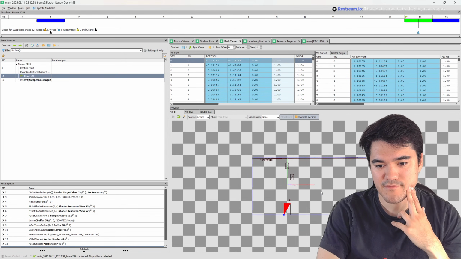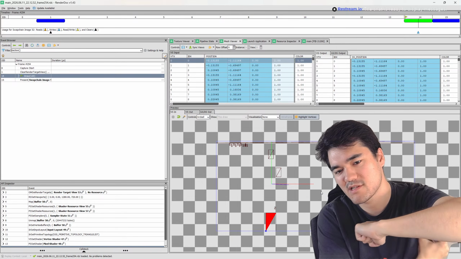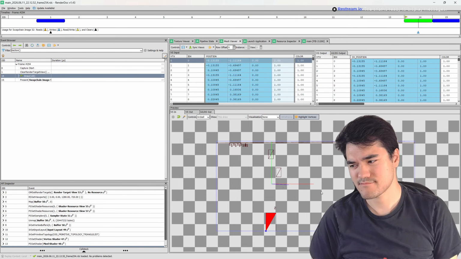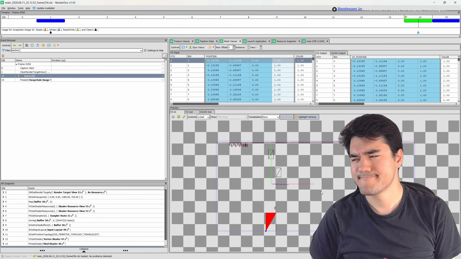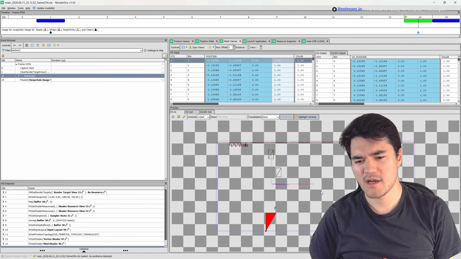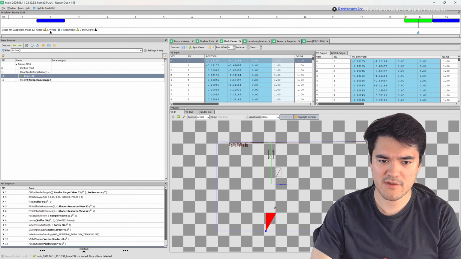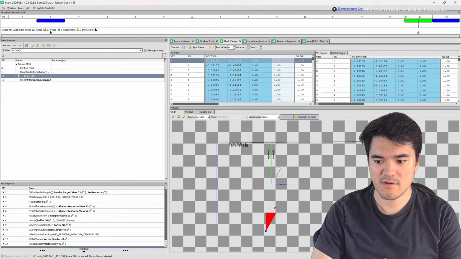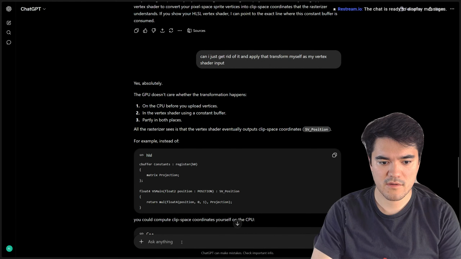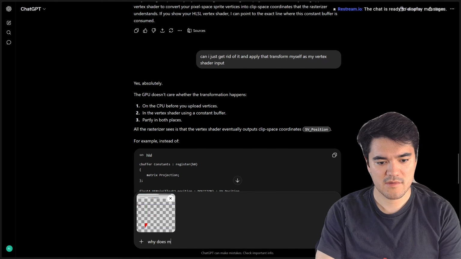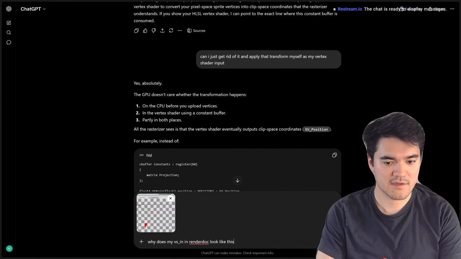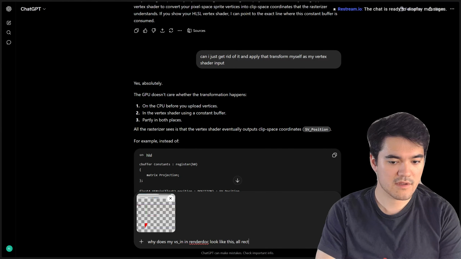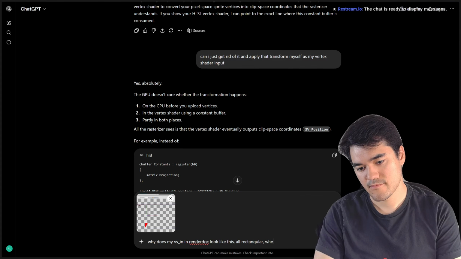I wouldn't have expected that. I'm actually a little confused. Why does my VS in look like this, all angular?